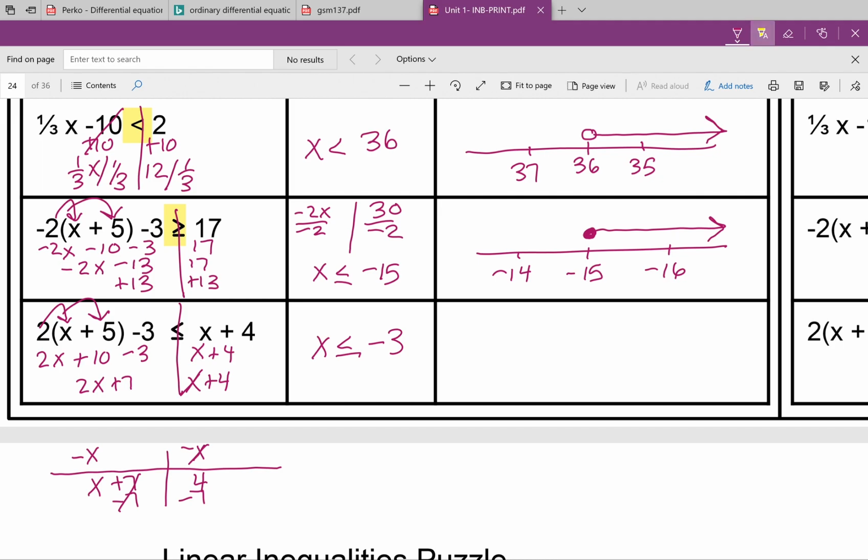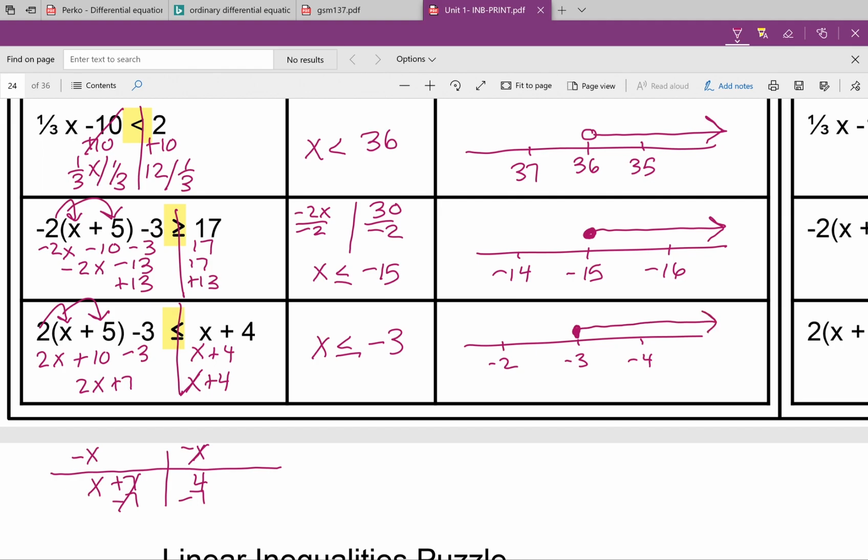So my symbol, if you notice, did not change because I never divided by a negative and I never multiplied by a negative. So if I was to graph this, I have -3, -4, -2. This is all the numbers less than or equal to -3, so that's the closed dot, less than.